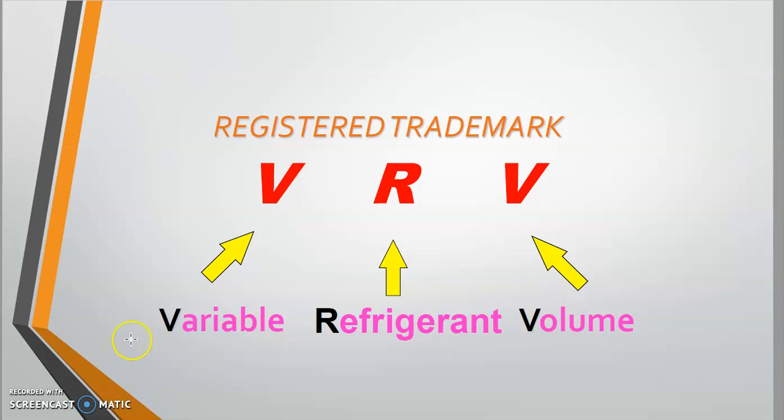For example, Daikin uses the term VRV, variable refrigerant volume. Meanwhile, for Top Air, maybe Mitsubishi, they are using the term VRF, variable refrigerant flow.